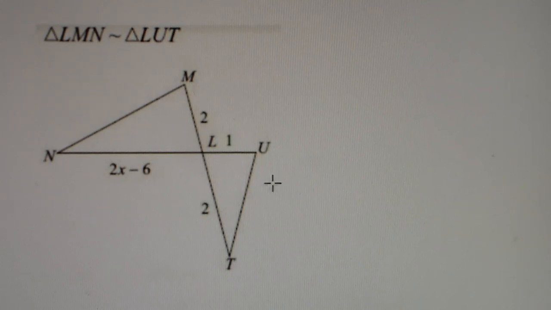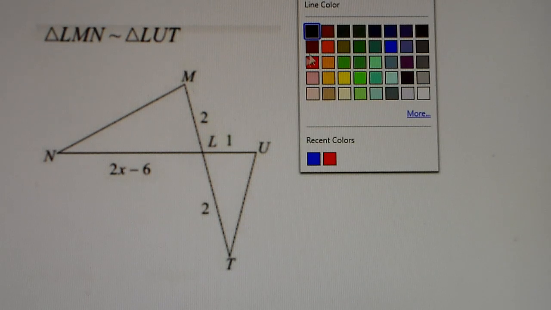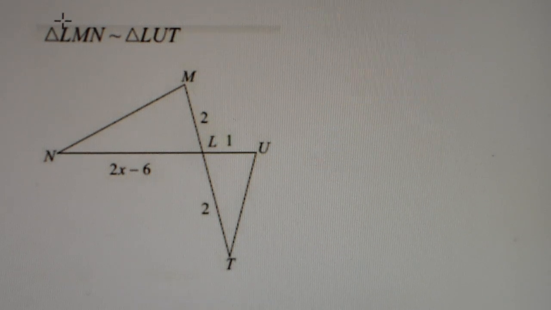This is our next little problem here. So once again, we're told that these two triangles are similar, and we just got to match up our sides. So let's get going on that. LM, the first two letters, match up with the first two letters here, LU. So LM and LU, those two numbers are going to be matching up together.